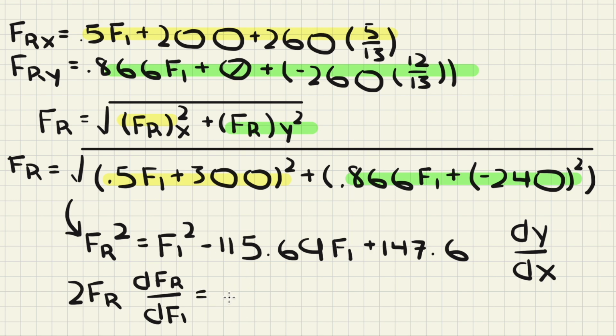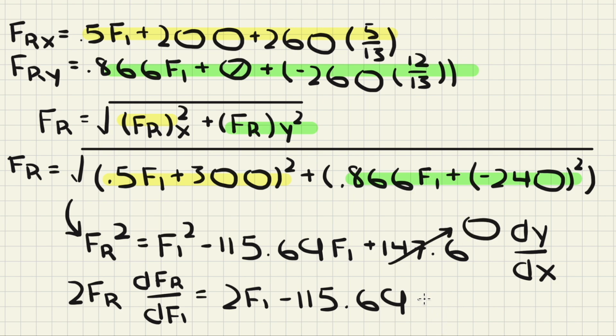And then same thing for this one. We can multiply this 2 down, so 2f1, minus 1 is 1, so 1 right here. And then this one is just going to be 115. And then the derivative of any constant is going to be 0. So we can leave that blank. So this is our derivative equation right here.